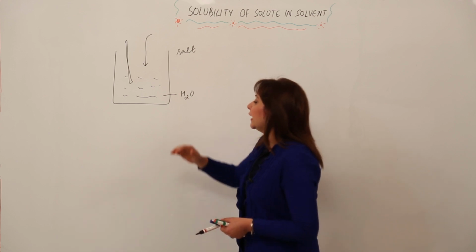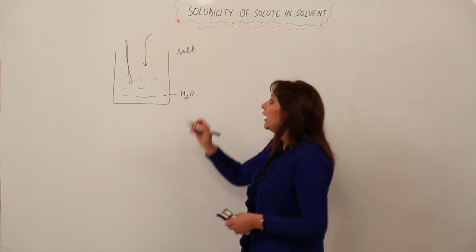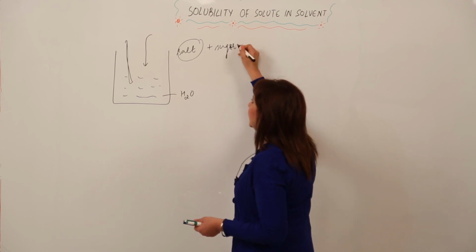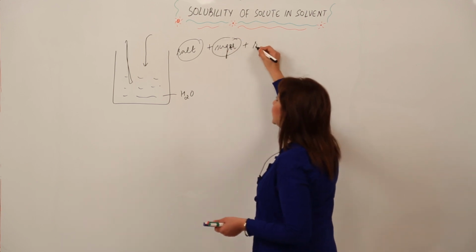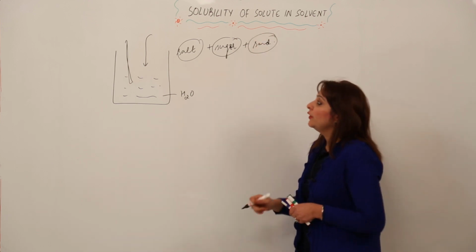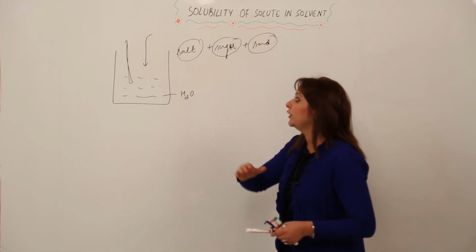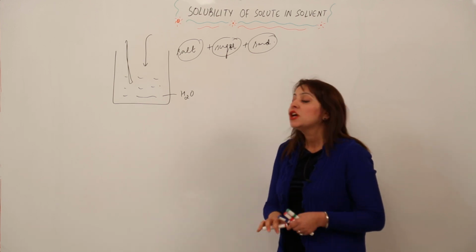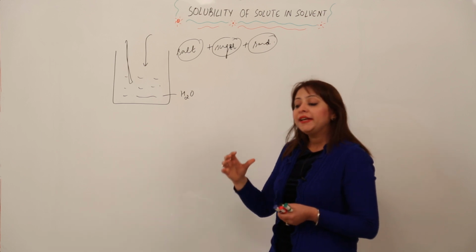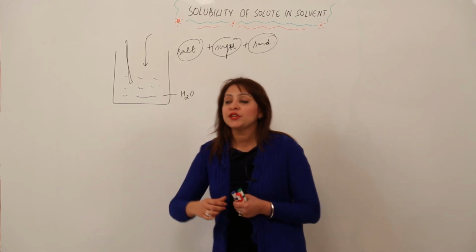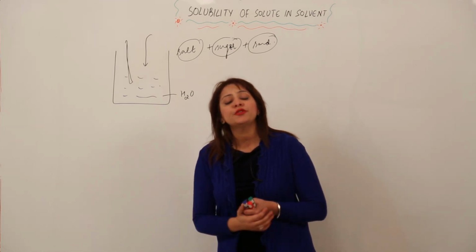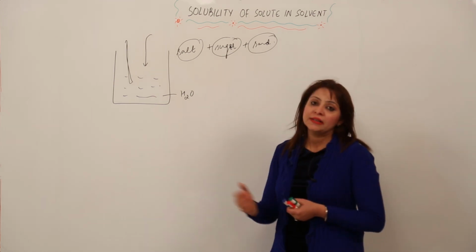Similarly, in this case I added salt, in the second case I am adding sugar, or I can take another solute, for example sand. In all three cases, salt, sugar and sand, they are obviously getting dissolved in water, but the ability of water to dissolve these components is different. It is different for salt, for sugar, and for sand.